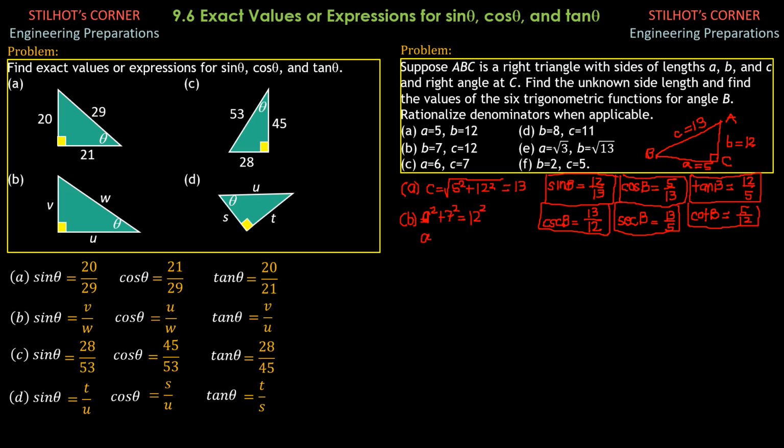So a therefore is equal to the square root of 144 minus 49, and that is the square root of 95. It cannot be simplified anymore, so it is just the square root of 95.